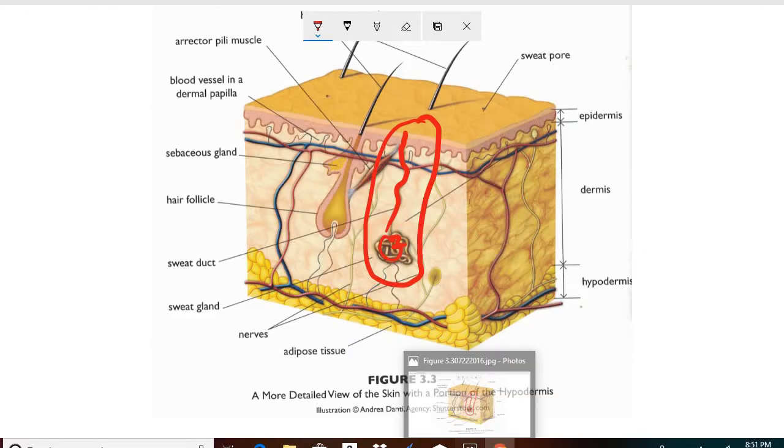Okay, so let's go ahead and look at the figure. Well, let's see, maybe we don't have that on here.